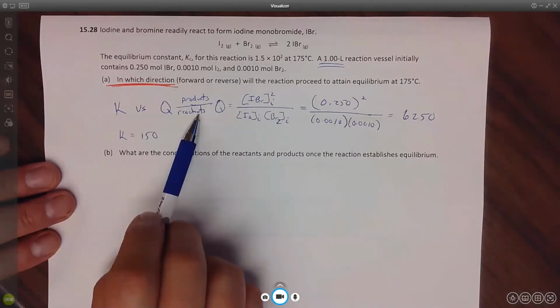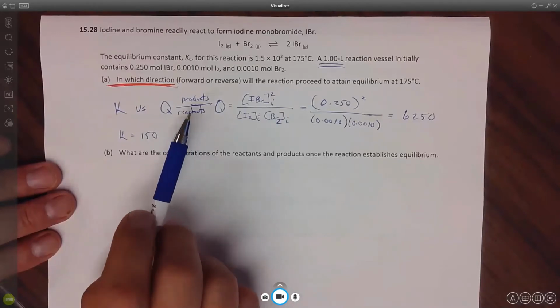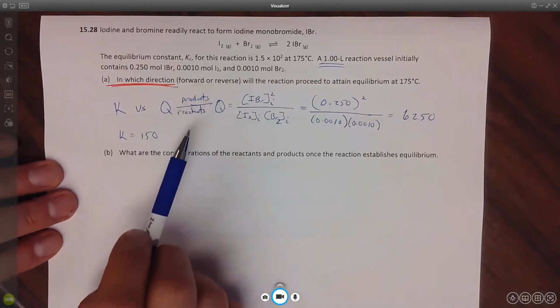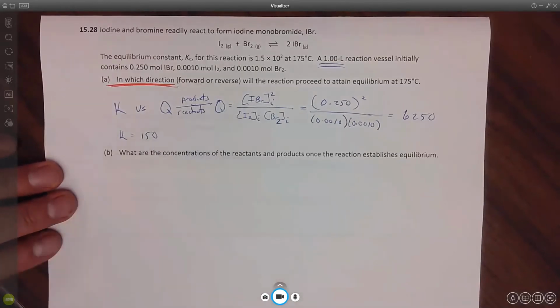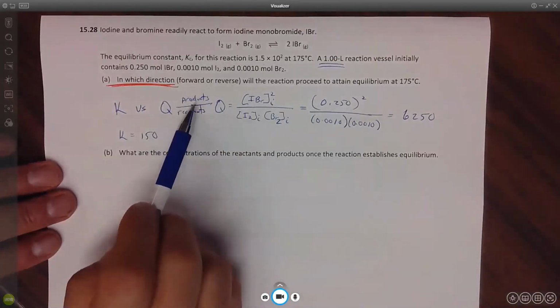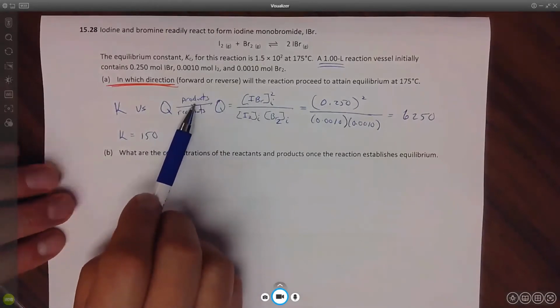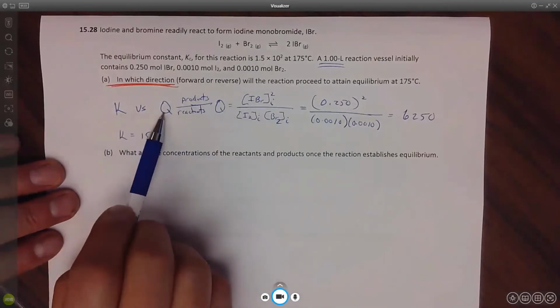Or, sorry, I'm talking in terms of products. Don't think in terms of reactants. It's products over reactants. So do I have too many or too few products if Q is bigger than K? You would have too many products.